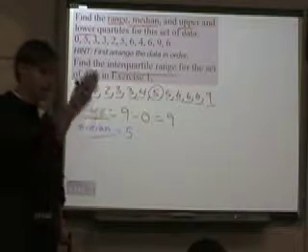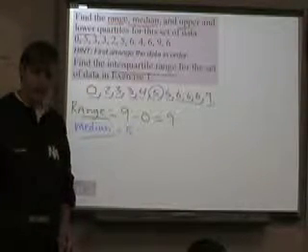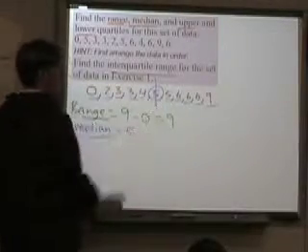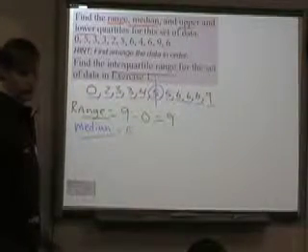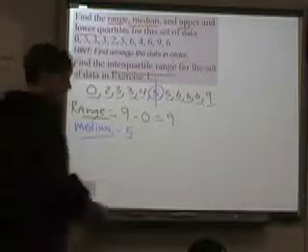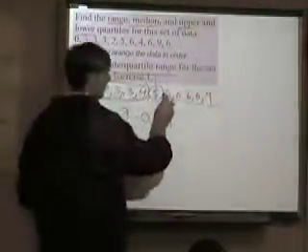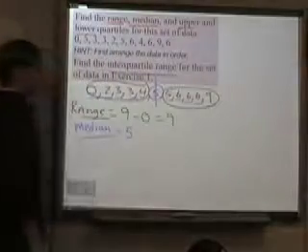Last time there was an even number, so you could put the line right in the middle, right? Now, since there's an odd number, you put a line right through the median, and you don't use it. What was the median? 5. So you don't use that. Everything to the left is the lower, everything to the right is the upper.